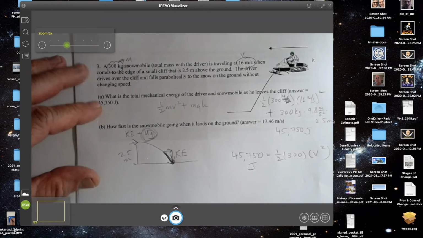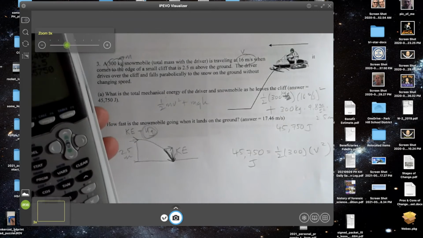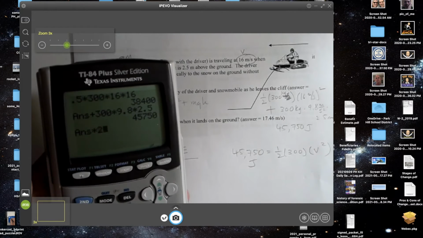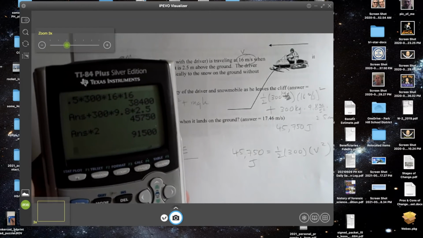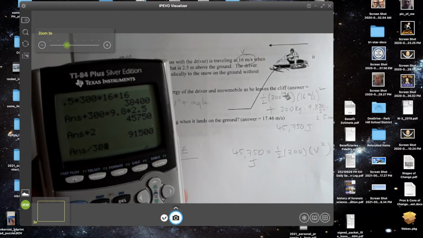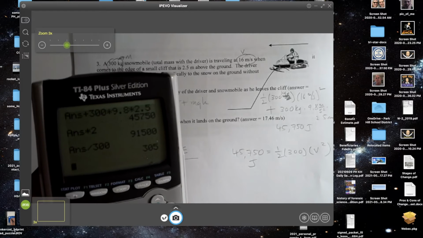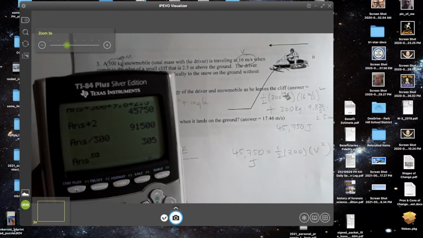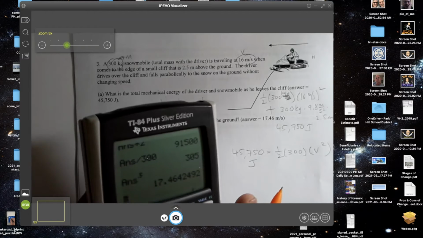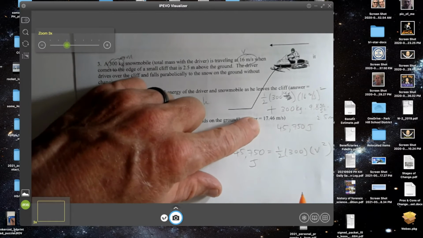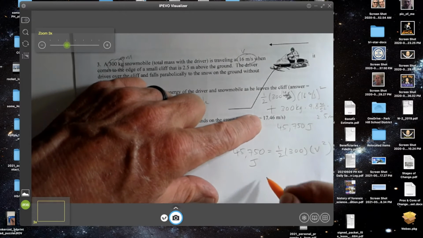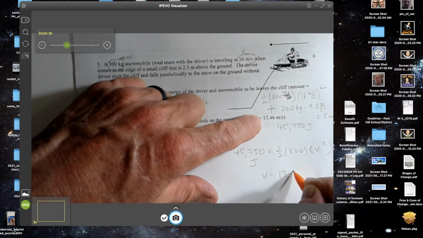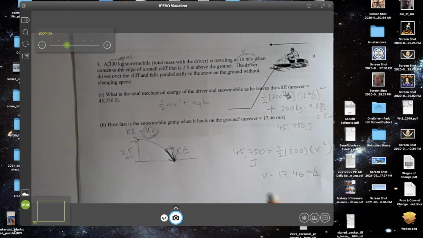Again, we want to solve for that velocity. So we multiply this by 2, divide by 300, and then take a square root. And I get about 17.5, 17.46. Okay, that's done with problem number 3.